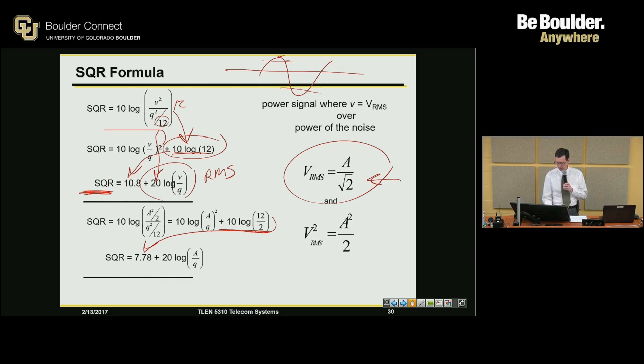And this part back here is the same as what we had up above, except for one. This is the peak voltage. Looking at this number here and this number here, what's the difference? It's 3 dB. So that's how the 3 dB comes in. So when you work the problems, you need to be careful of knowing, am I using root mean squared voltage, or am I using peak voltage? Because you'll be 3 dB off if you choose the wrong one.